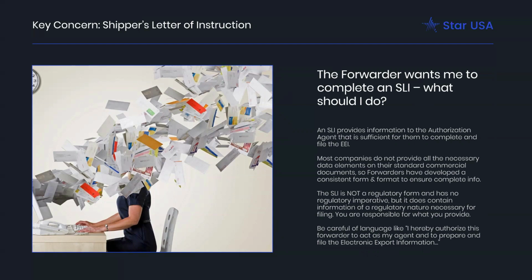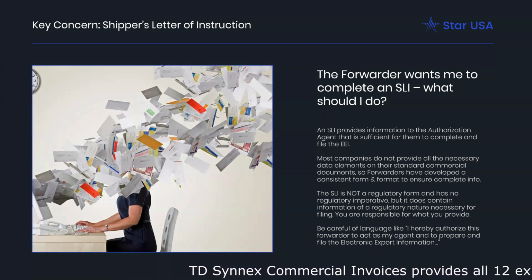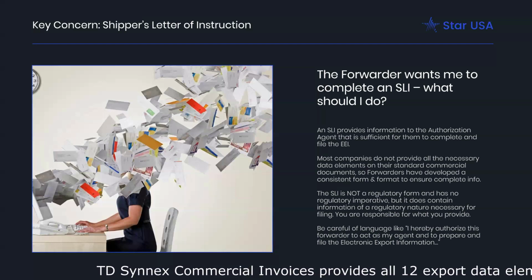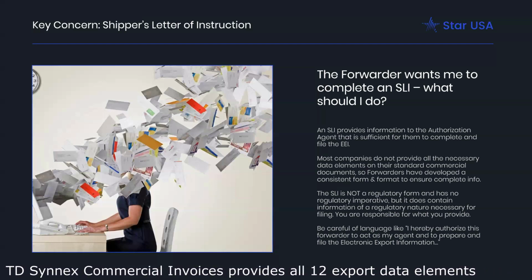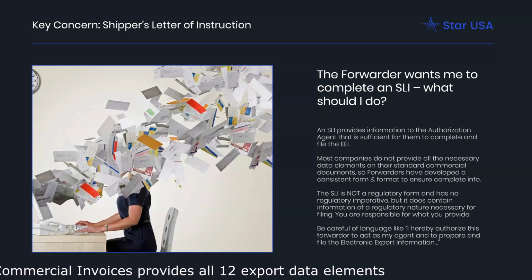The SLI is meant to provide information to the authorized agent that is sufficient for them to complete and file the EEI. Most companies do not provide all the necessary data elements on their standard commercial documents, like their commercial invoice or packing lists. So the forwarders have developed a consistent form and format to ensure that all the info they need to file the EEI is contained in one place, and they created the SLI as an answer to that.